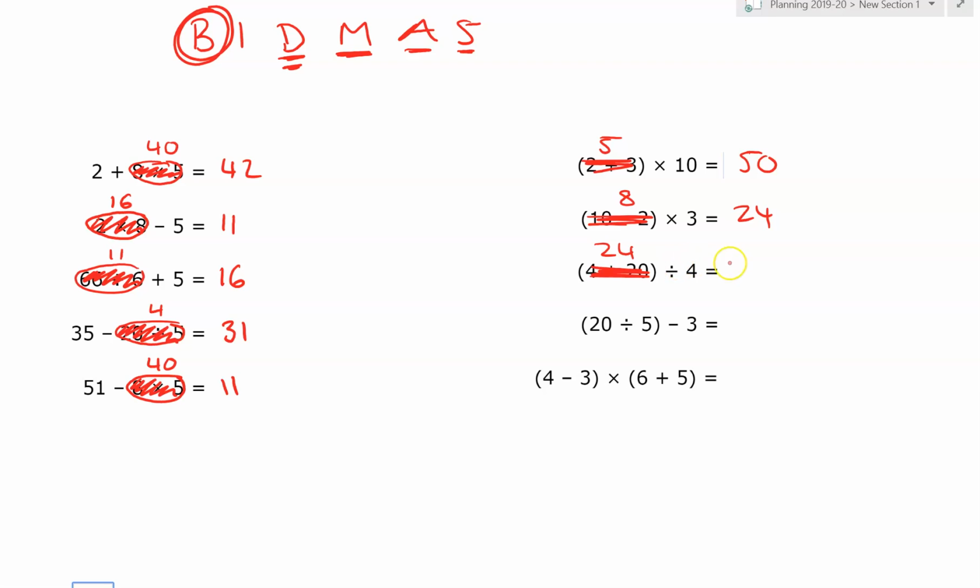And 24 divided by 4 is 6. Then we've got 20 divided by 5 is 4. 4 minus 3 is 1. And then 4 minus 3 is 1. And 6 plus 5 is 11. So 1 times 11 is 11. There you go, pretty simple.